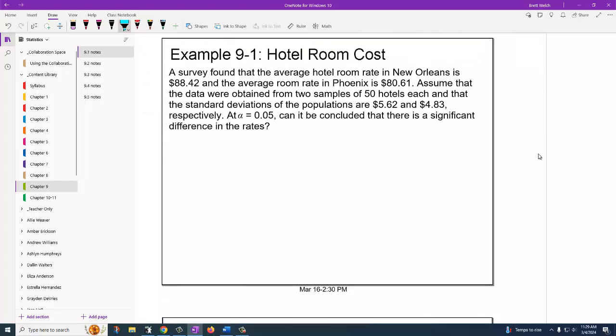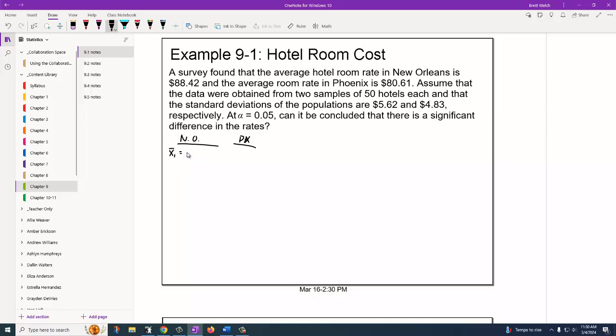All right, so a survey found that the average hotel room rate in New Orleans is $88.42. Let's start identifying New Orleans and then compare to Phoenix, so I'm going to write New Orleans compared to Phoenix, PX. The average room rate was $88.42, so that'd be X bar 1.